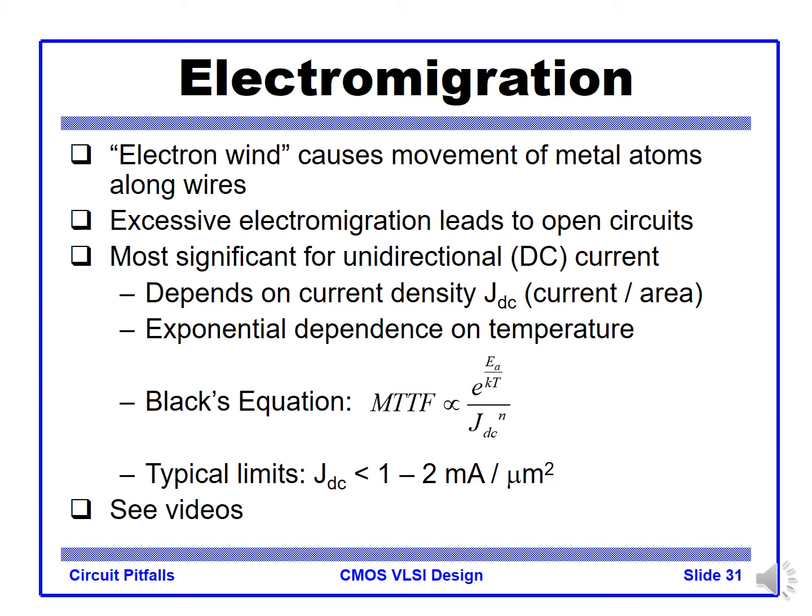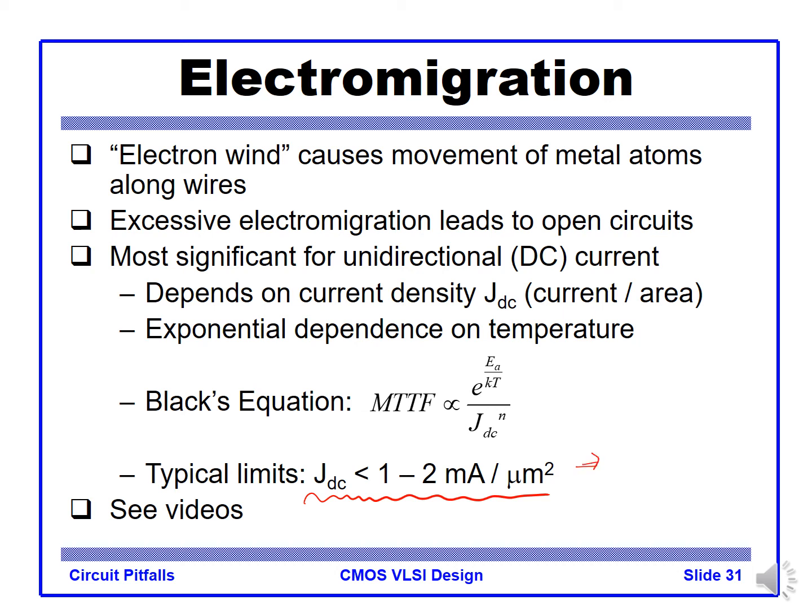So there is a certain limit for DC current that is defined by 1 to 2 milliamp per micrometer square. So this is kind of a limit.